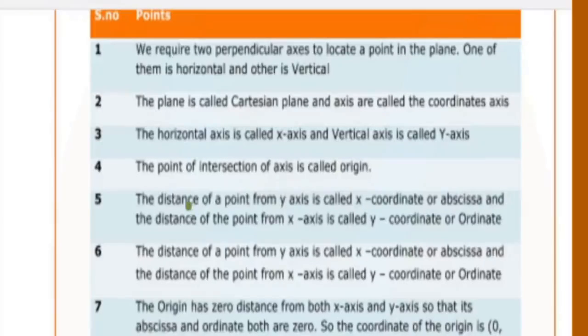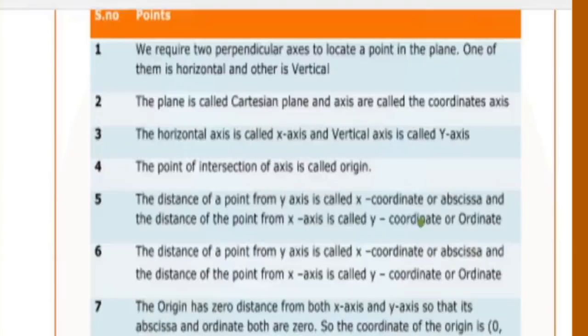And another point, the distance of a point from the y-axis is called the x-coordinate or abscissa. It is another name of the x-coordinate. And the distance of the point from the x-axis is called the y-coordinate or ordinate.